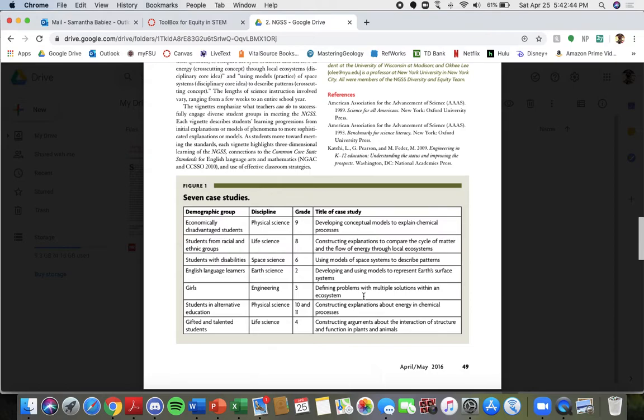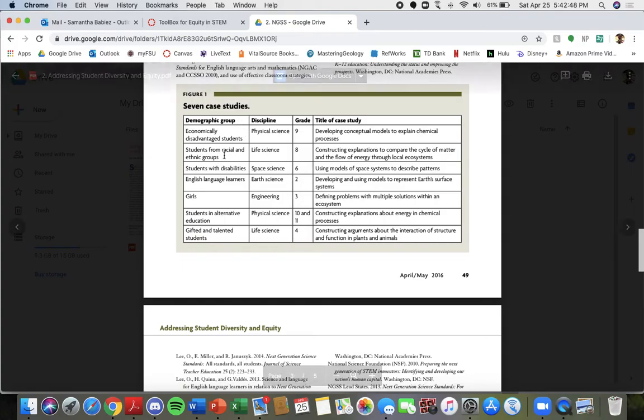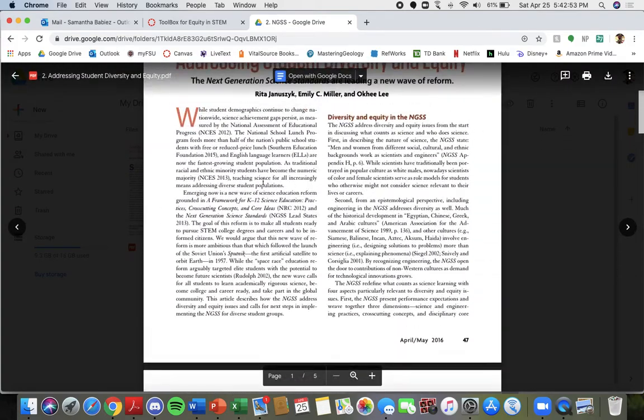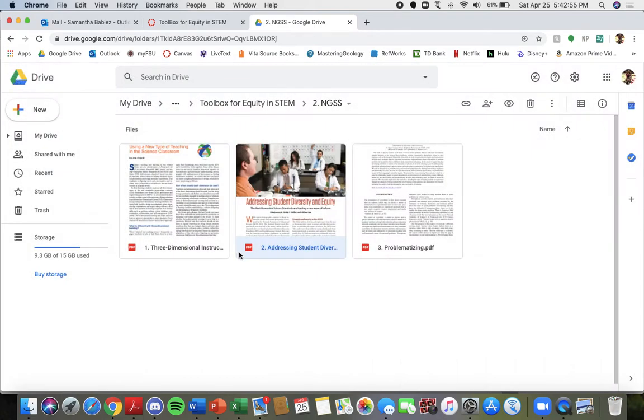Like, what do they need to come first? Gives this very compact little table here, talking about some different demographic groups, and is just another great little short read.